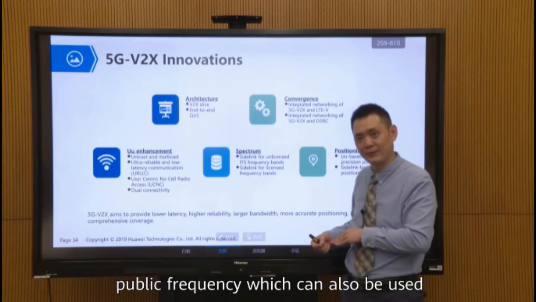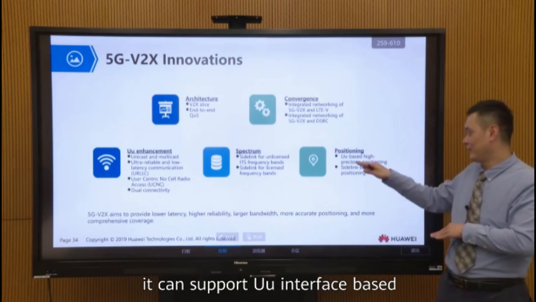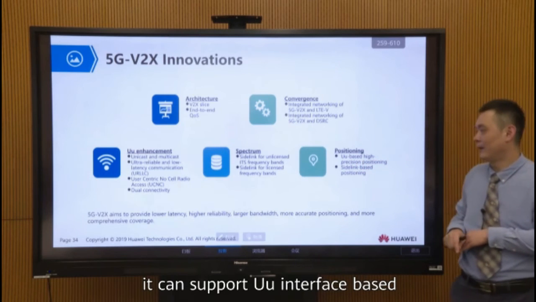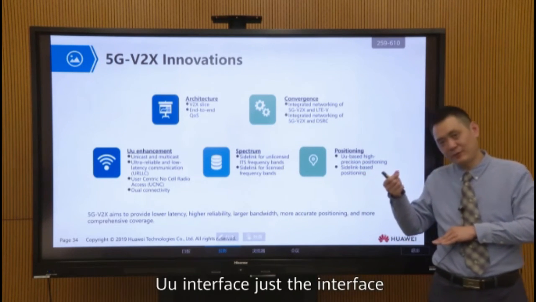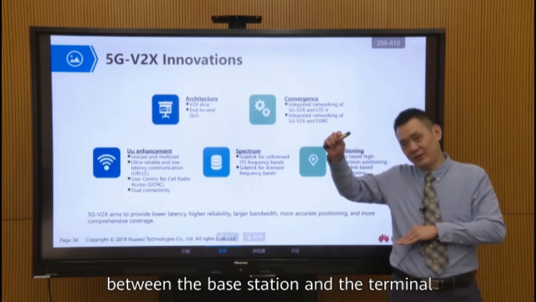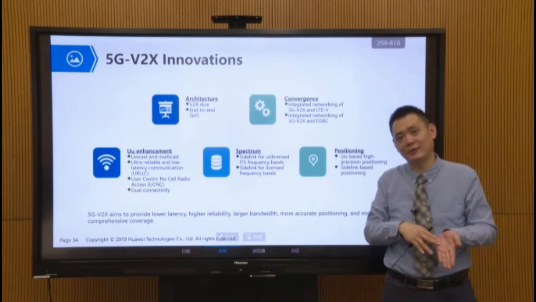And for positioning, it can support UU interface based positioning. The UU interface is the interface between the base station and the terminal. This air interface is the UU interface, the user interface.